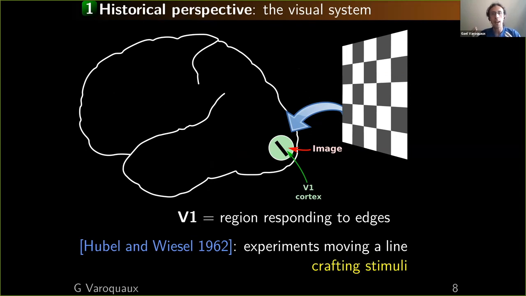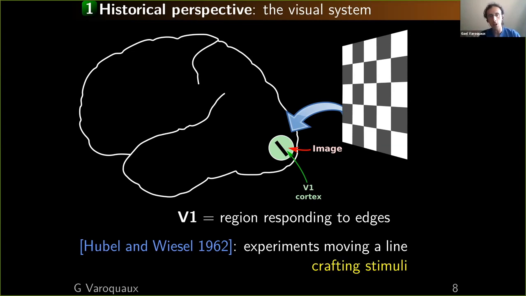So the idea being that historically, people have decomposed the visual stimuli in elementary aspects of the stimuli, and have mapped the response to the stimuli, starting with Hubel and Wiesel, who did experiments by moving a line. They crafted a specific stimuli, they moved the line, and they showed that V1 responds very well to these edges.